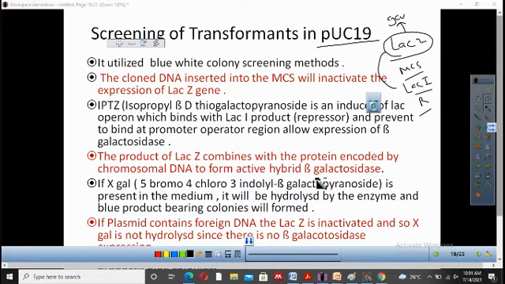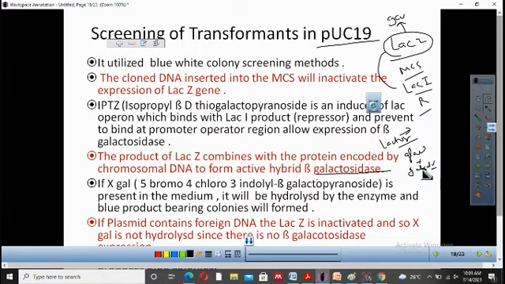What the beta galactosidase enzyme does is break lactose, which is a disaccharide, into two molecules of monosaccharide, that is glucose and galactose. These undergo the metabolism pathway to produce energy.